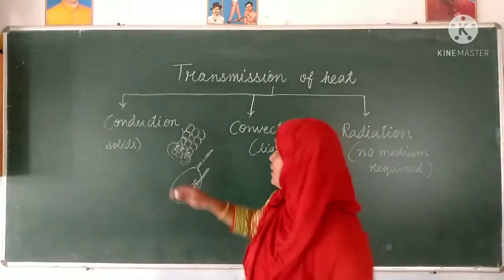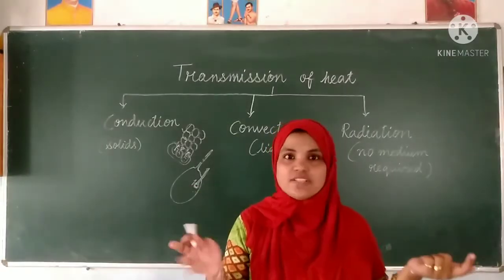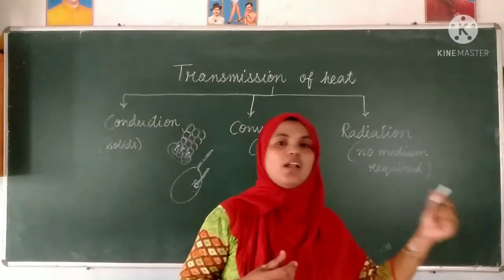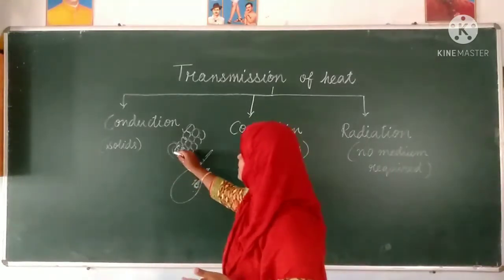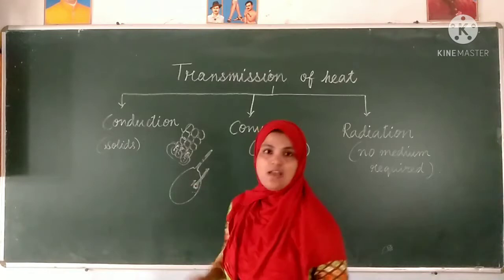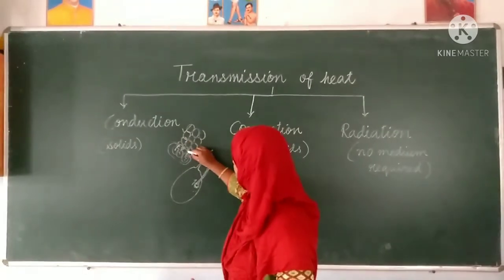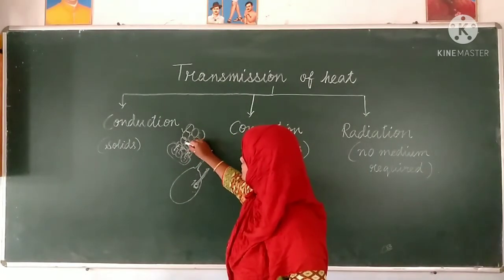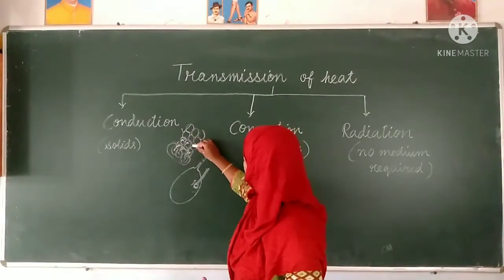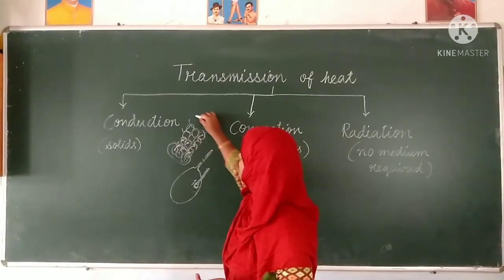These molecules don't have a chance to move around. So they simply pass on the heat energy to the next attached molecules, and these get hot. Then they just transfer the heat to the other molecules. Like that, the process continues until it reaches the end.